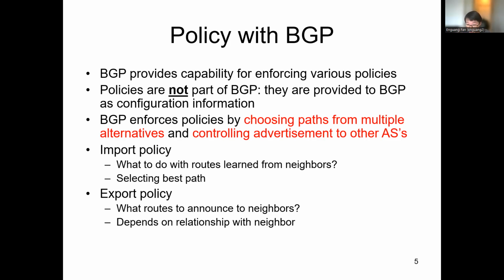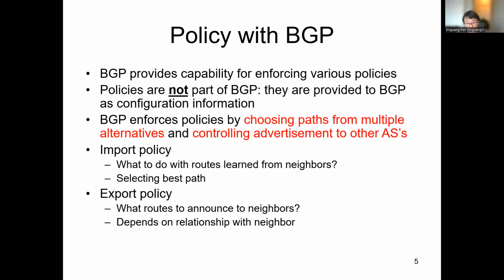And the export policy will, naturally, decide what to do with the routes that I generate. What kind of information should I share with my neighbors? Should I share the whole routing table, or just part of the routing table? That's the responsibility of the export policy.